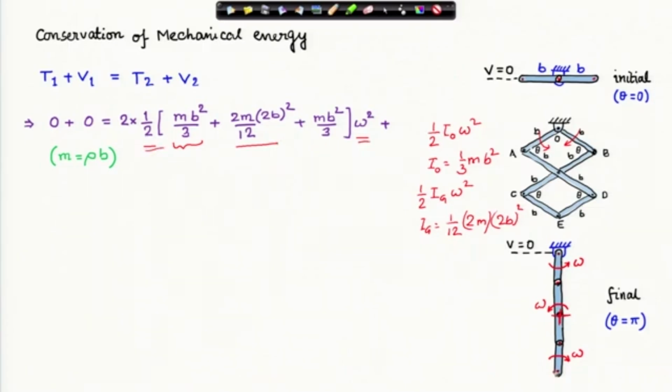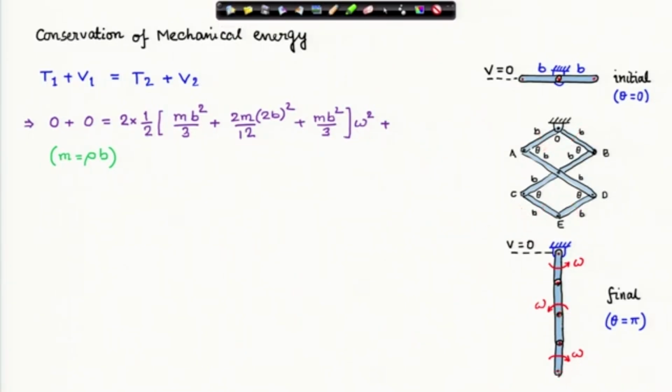Similarly, this point E at the bottommost point has also come to rest. Therefore, for the 2 bottom bars, I can write the kinetic energy as half I_E omega square, and I_E is 1/3 m length square. Potential energy: this is completely stretched.